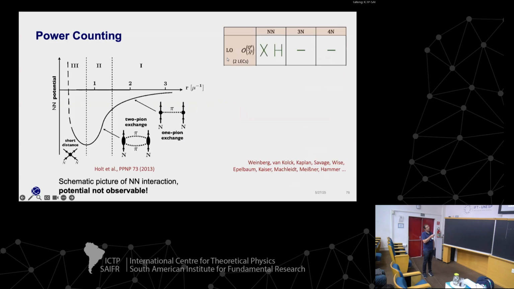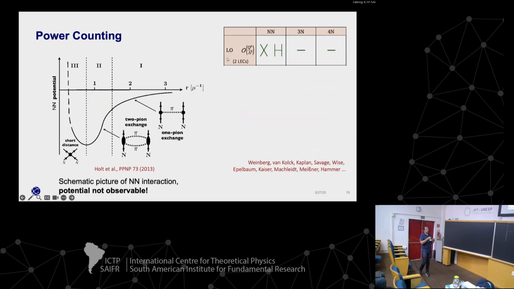Now what I want to say is this is very schematic, though. It's a schematic picture of the two-body interaction. The potential is not observable, and this is what we basically discussed before. This short distance physics here, below, let's say, half a fermi or so, is beyond the breakdown of the theory. We model the physics here as a short distance interaction, but we cannot really describe processes that happen on these short distances, right?